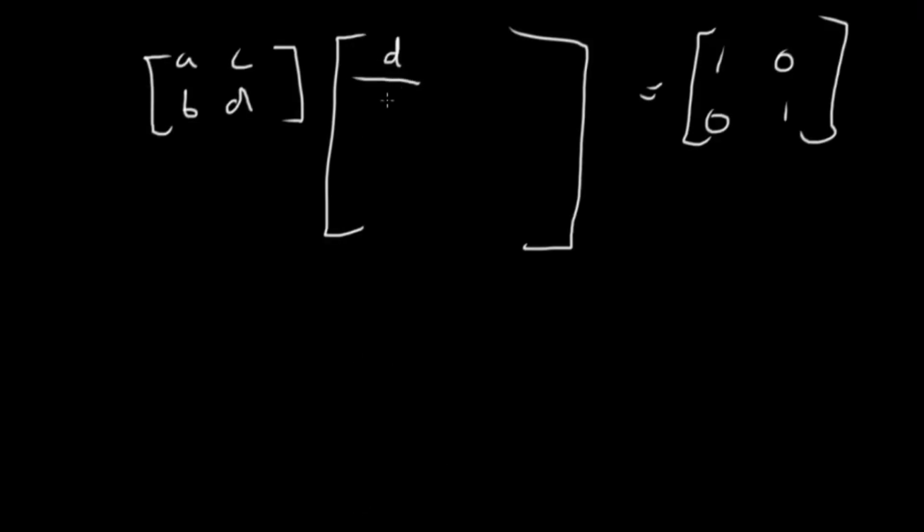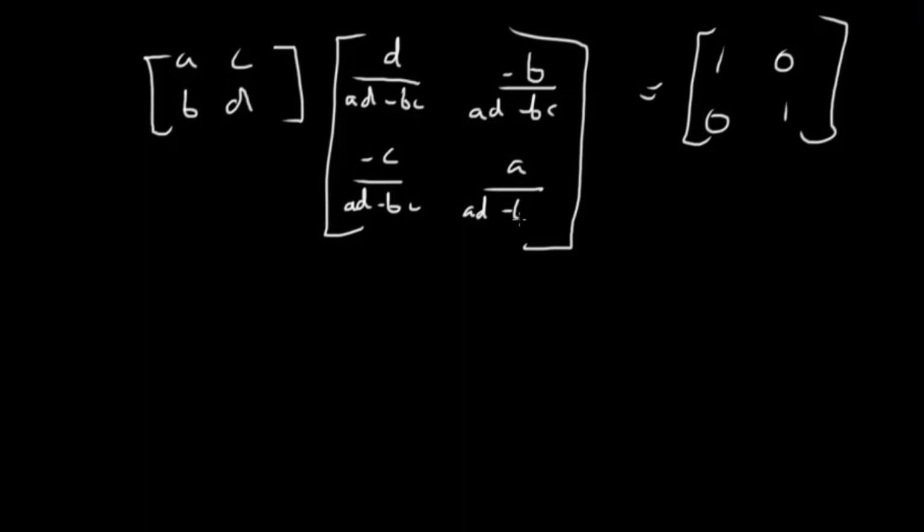D over AD minus BC. This is going to be negative B over AD minus BC. This is negative C over AD minus BC. And this is A over AD minus BC.